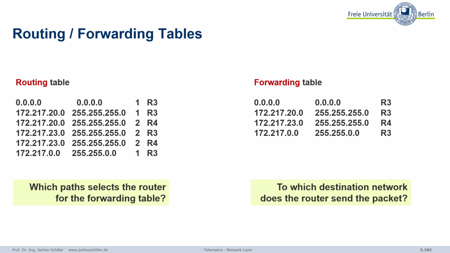Typically forwarding tables, or parts of them, are realized in hardware, and the routing table, in memory, hardware or software, is not that time critical. The routing table is filled with the help of routing algorithms and routing protocols, as we will learn. Then the router picks a certain selection from the routing table and fills the forwarding table. The forwarding tables can be stored, for example, on specialized memory on the network adapters.